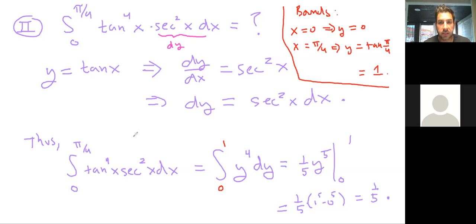What you are suggesting could be correct, but you'd have to write it up correctly. The strategy that you're suggesting is never changing your bounds, then switching back to x and plugging the original bounds in. That's not wrong.